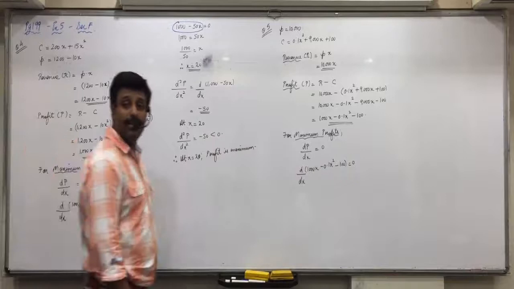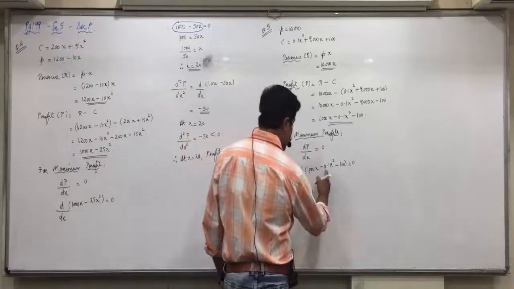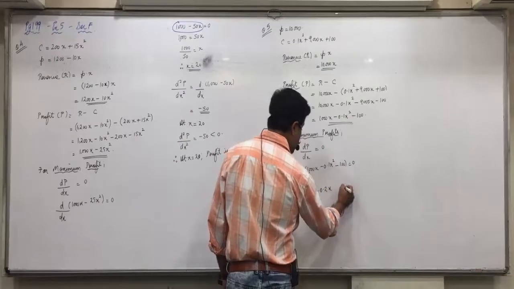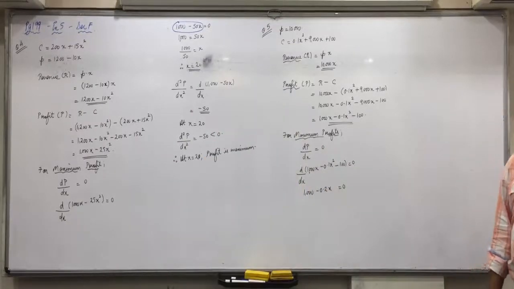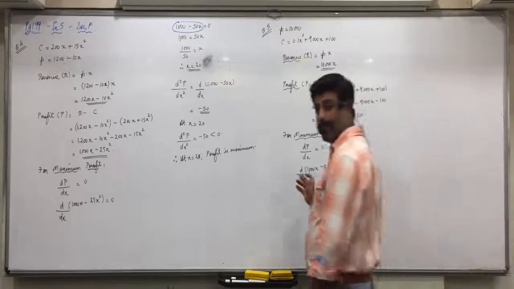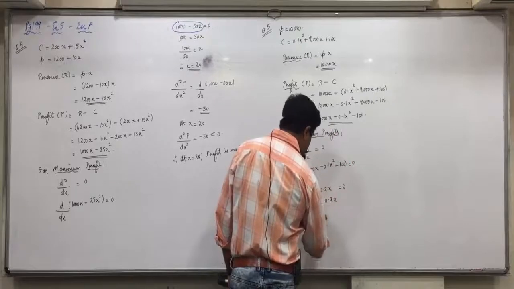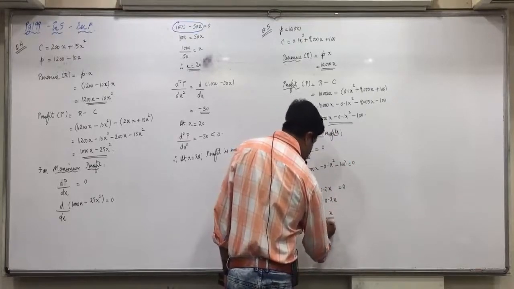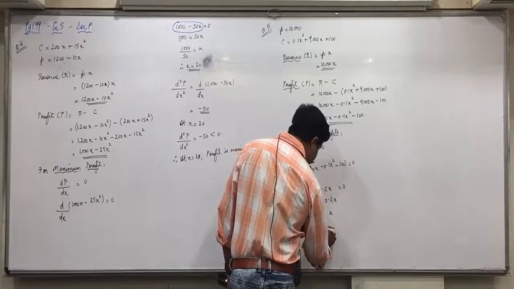Now 1000x will become 1000, 0.1 into 2 gives 0.2x, and 100 becomes 0. Is everyone clear with this? Raise your hand if it is not clear up till here. Minus 0.2x on the right side will become plus, and 0.2 on the left side will get divided. Means x is equal to 5,000.